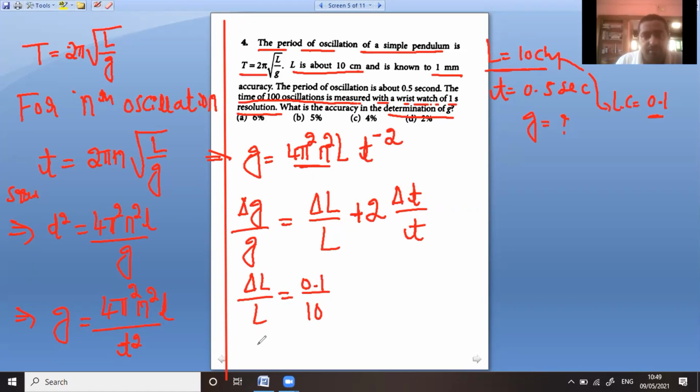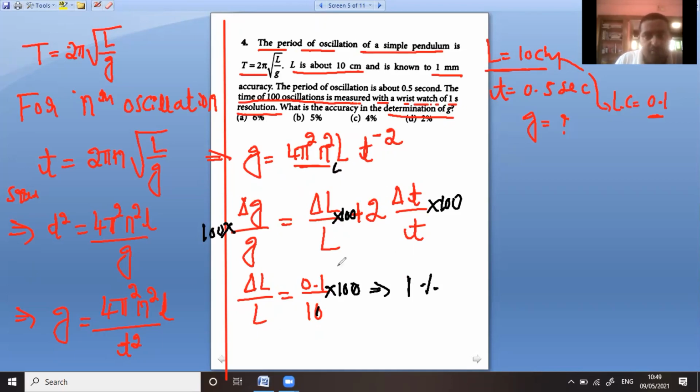Then multiplying by 100 to get a percentage, and simplifying, that is equal to 1%.